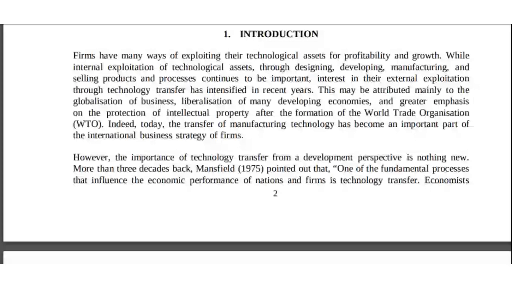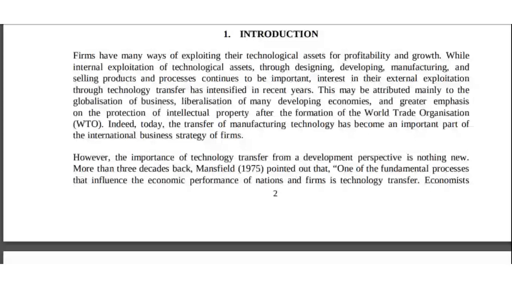Economists have long recognized that the transfer of technology is at the heart of the process of economic growth, and that the progress of both developed and developing countries depends on the extent and efficiency of such transfer.